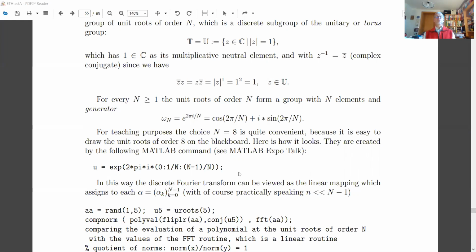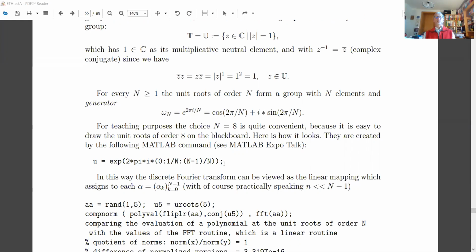When I want to produce these complex numbers, I have, of course, to start from 0 to get the right labels. Otherwise I would start with omega and go to omega to the power 8, which is 1, but that wouldn't be my right labeling. That's why I start from 0. I take steps of 1 over n, so this was like 1 over 8, and I go up to 7 over 8. And of course, if you would continue, you would wrap up.